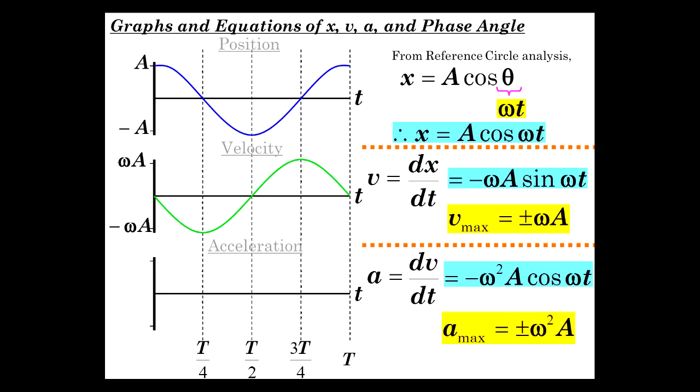So the maximums are plus or minus omega squared A. So let's go ahead and put those limits in on the graph and plot it. There's the plot. And so this set of plots is all consistent with each other, and that expresses the various physical parameters with respect to time for SHM.